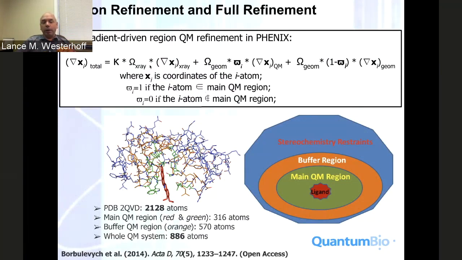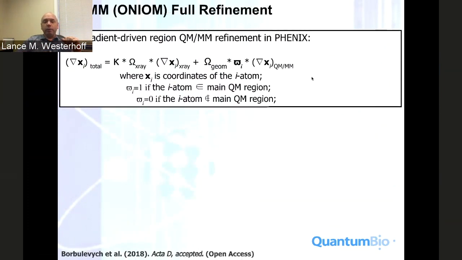These are your X-ray gradients. This is an X-ray refinement. It's not an optimization, as it were. You have the set of gradients from QM, and then finally the set of gradients from the restraints. We've now taken this a little bit further, and we've taken off everything having to do with restraints, and now we have the X-ray gradients, followed by the gradients that are associated with QM/MM.